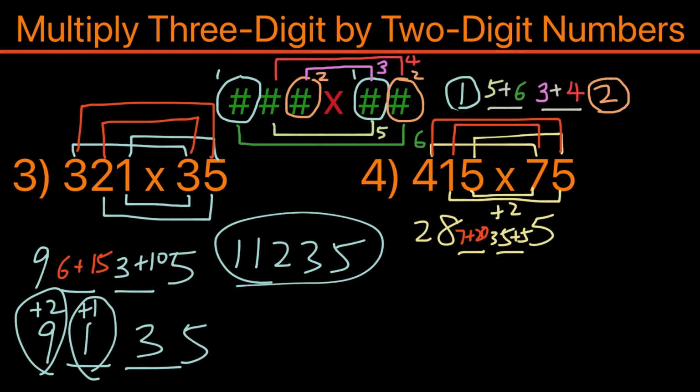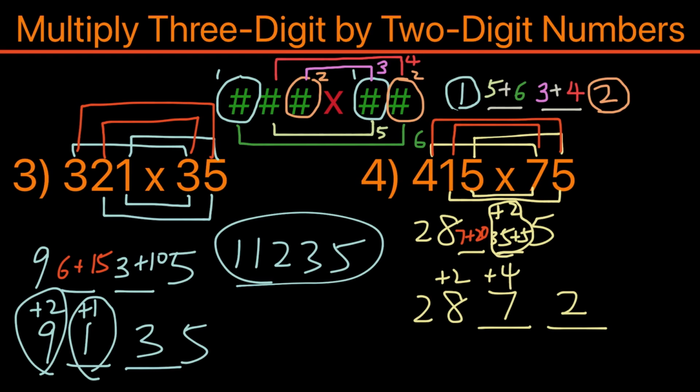Now let's bring all that down. So we'll have 28. The 7 plus 20 is 27. So plus 2 on top. Now 35 plus 5 plus the 2 is 42. So we've got to place a 4 on top and then a 5 at the end.